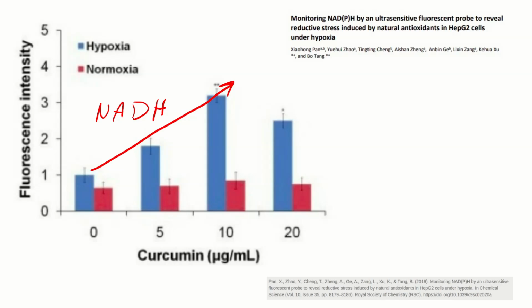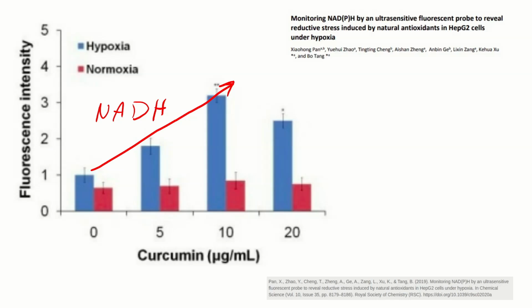What they show is that in this hypoxic environment, which means it's low in oxygen, if you give the cells curcumin, this antioxidant, the NADH and the NADPH pools become very reduced. Because curcumin is shoving electrons onto the cell, and the cell deals with that by grabbing them up with NADH and NADPH.